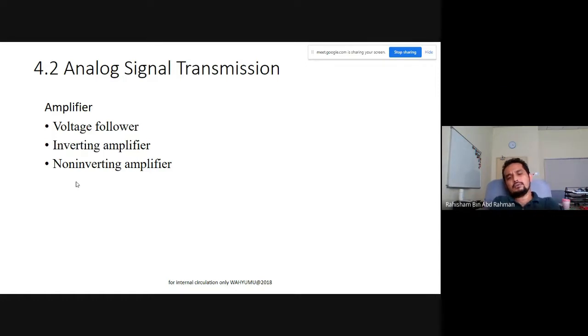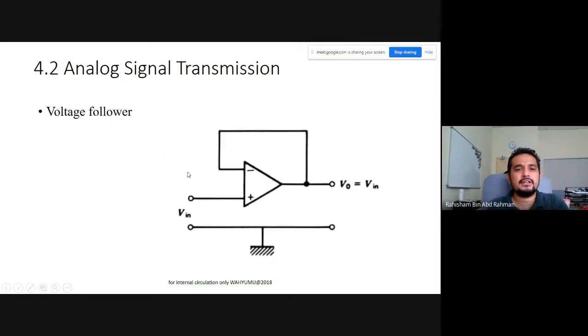Now we come to another topic, issues related to analog signal transmission, which is amplifying the signal. We have the voltage follower, the inverting amplifier and the non-inverting amplifier. This is the voltage follower.